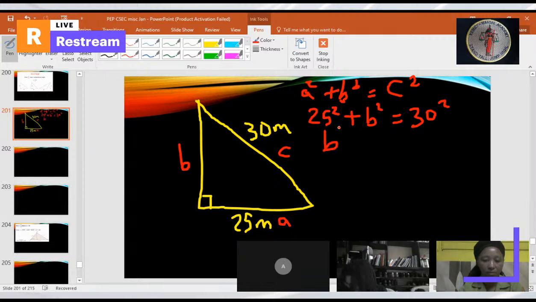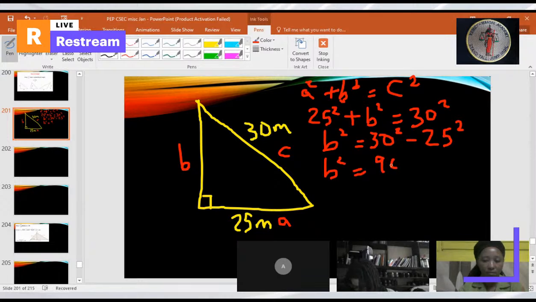So it would be 30 squared minus 25 squared. 30 squared is 900 and 25 squared is 625.